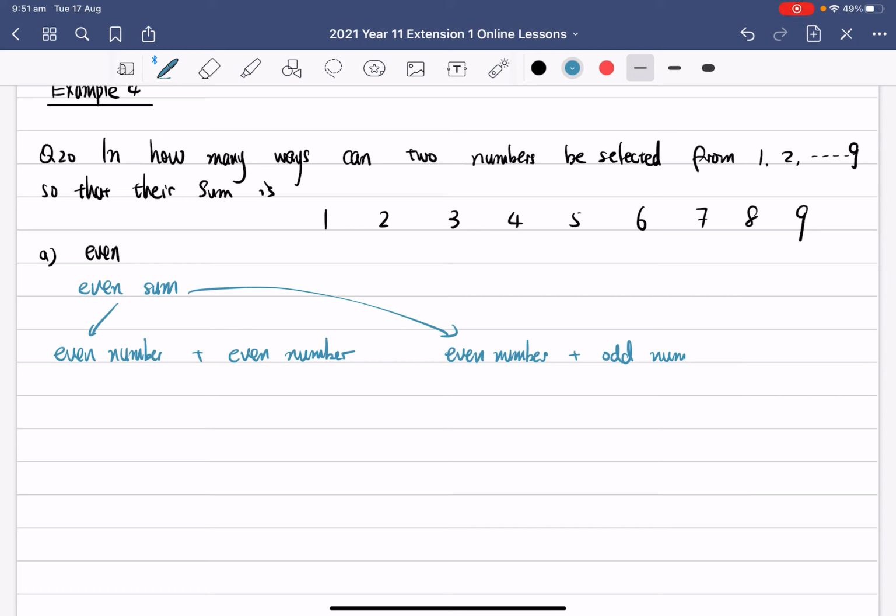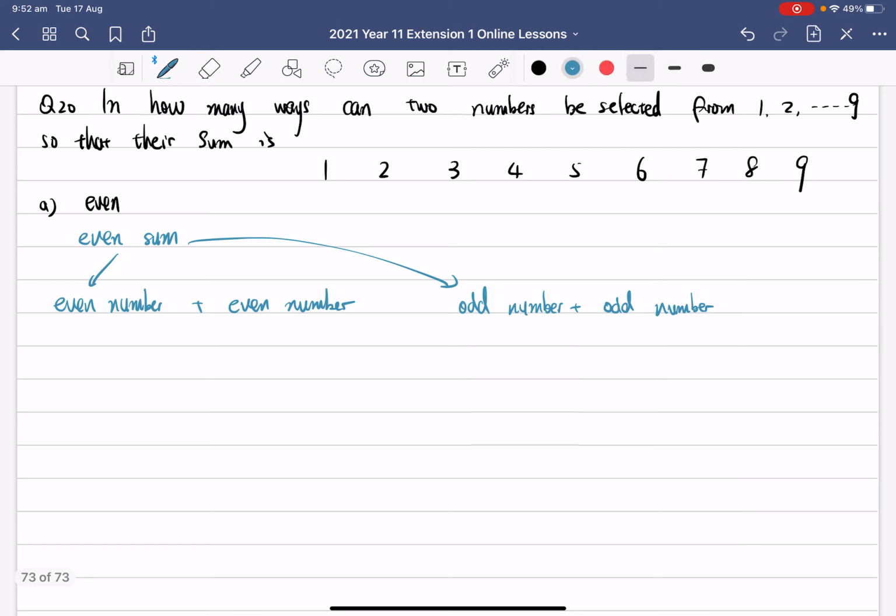No, because an even number plus an odd number is actually an odd number. I'm not correct here. So it's actually an odd number plus an odd number. Yes, 3 plus 3 is even. Because an odd number could be 2n plus 1, and another odd number is 2m plus 1. So in total it will be 2n plus 2m plus 2, which is 2 times n plus m plus 1, and that's an even number.